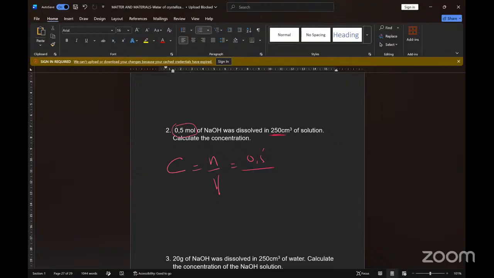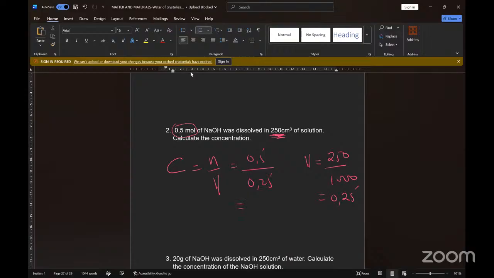It's in centimeters cube. So to change centimeters cube to decimeter cube, you have to divide it by 1,000. So your volume is going to be 250 divided by 1,000, and that gives you 0.25. So your volume now becomes 0.25.